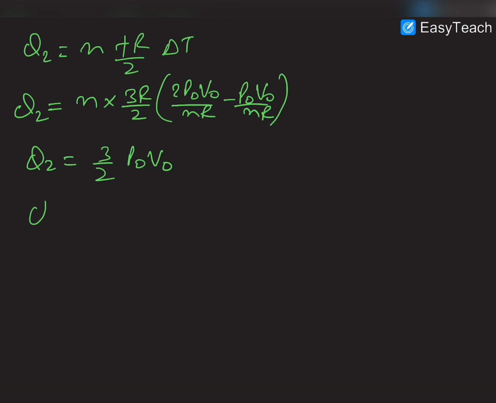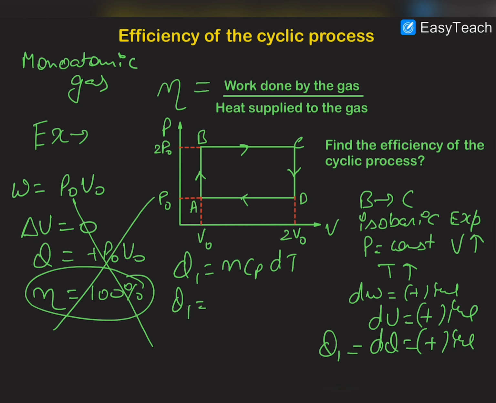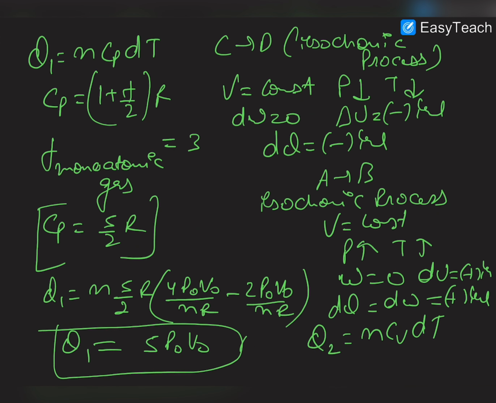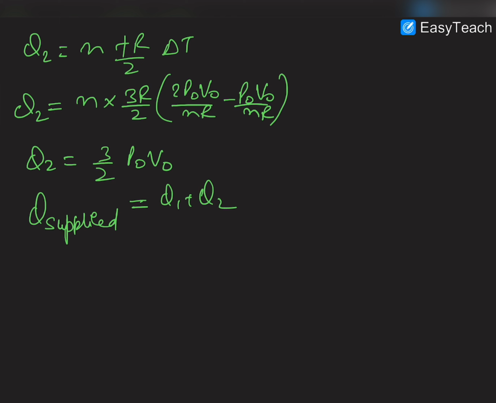So the total heat supplied to the gas will be equal to Q1 plus Q2, and Q1 was this one, 5 P naught V naught, and this is 3 by 2 P naught V naught. So this is 5 P naught V naught plus 3 by 2 P naught V naught.